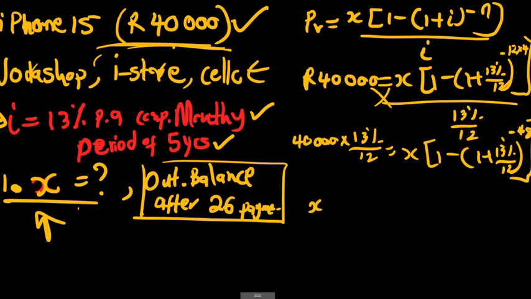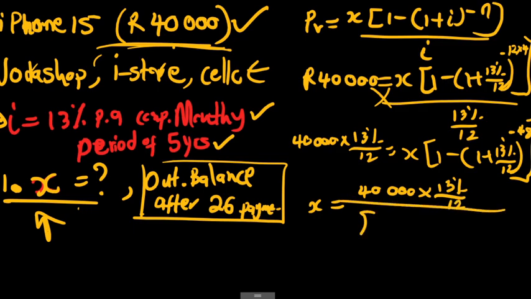And then your x should be 40,000 times 13% over 12, divided by 1 minus (1 plus 13% over 12) to the power of minus 48.